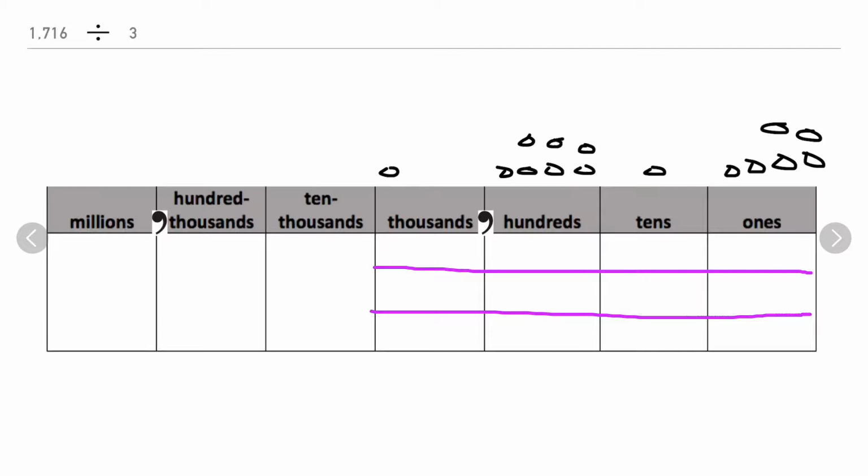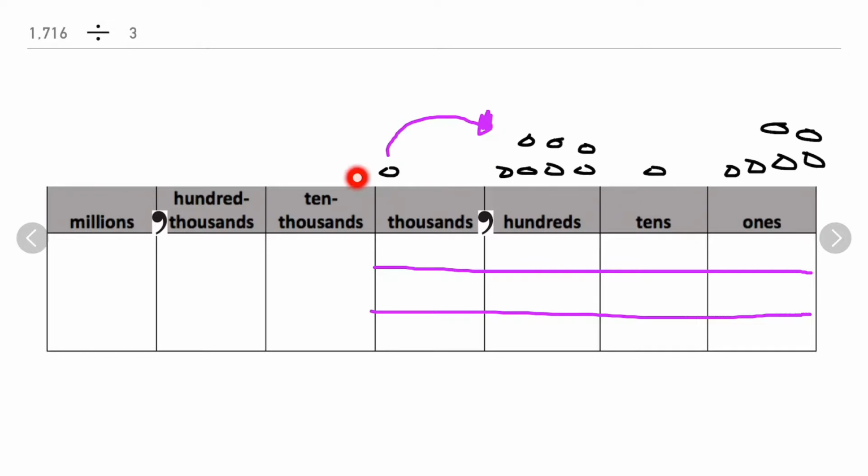That's right. Thousands is 10 times as many as hundreds. I know this because when I move to the left, I multiply by 10. So I know that in order for me to unbundle, I'm going to need to turn my thousands into hundreds.